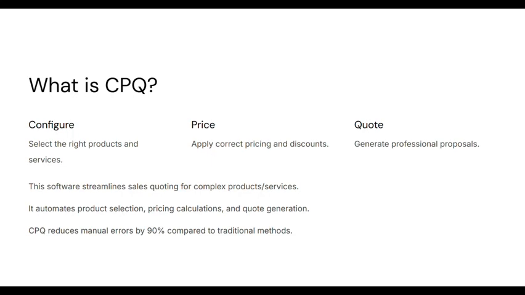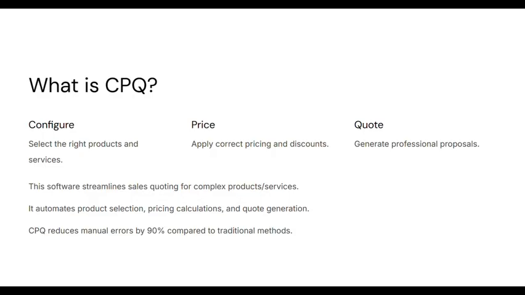I would like to elaborate on CPQ. First we have configure, which means selecting the right product based on what the customer needs. Sometimes even customers don't fully know what they want, so understanding their requirements and configuring the right product is the key.